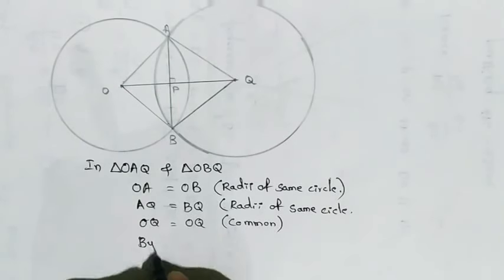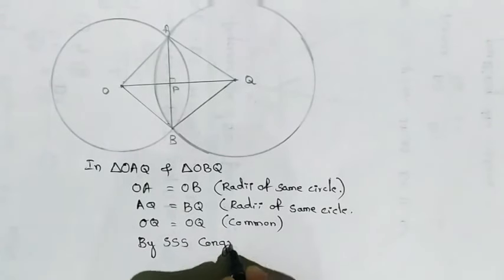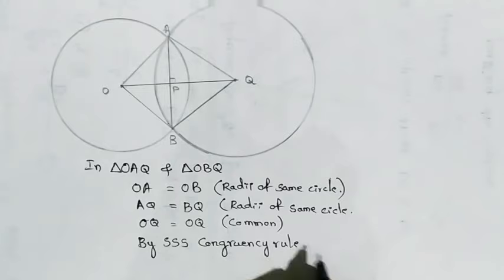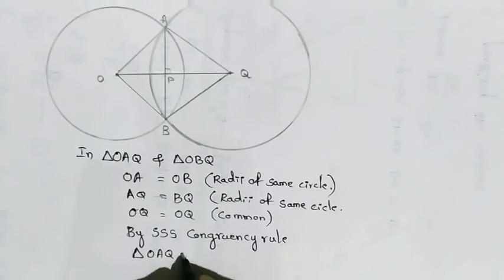By side side side congruency rule, here we will get triangle OAQ is congruent to triangle OBQ.